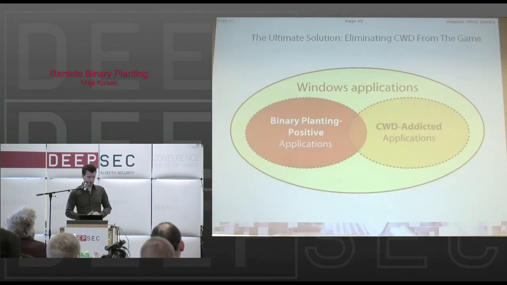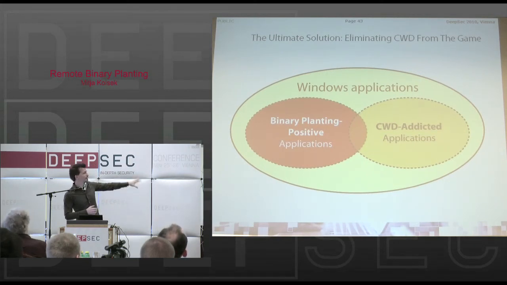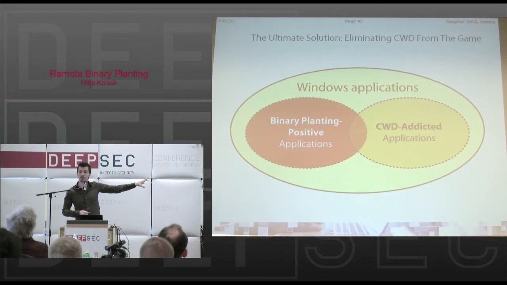So in the set of all existing Windows applications, you have a subset of those that are binary planting positive. That's what we call them. They are vulnerable to binary planting, which means they are loading their DLLs in an insecure way, which eventually results in them loading from the current working directory.